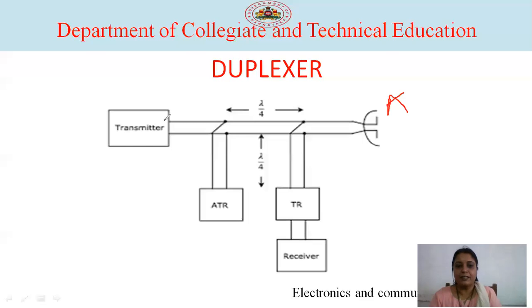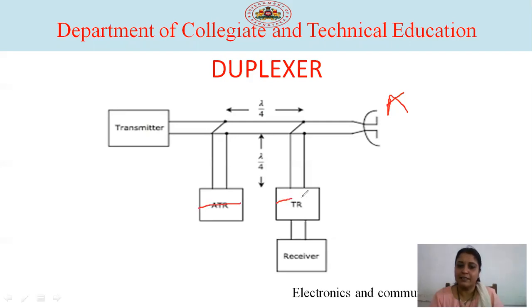Similarly, between the transmitter and the antenna, we have one more switch that is called the ATR switch, the anti-transmit receive switch. These switches are nothing but gas discharge type tubes. Whenever high energy enters these tubes, the gas will be ionized, breakdown will take place, and they will act as a short circuit.